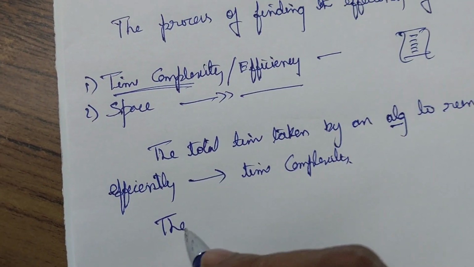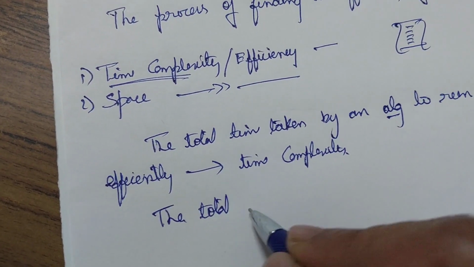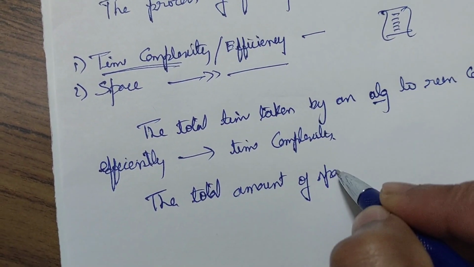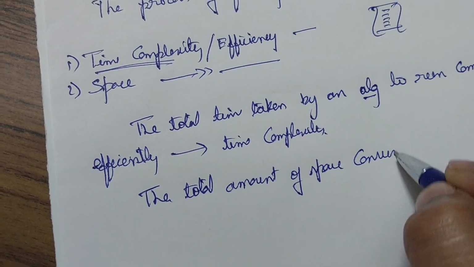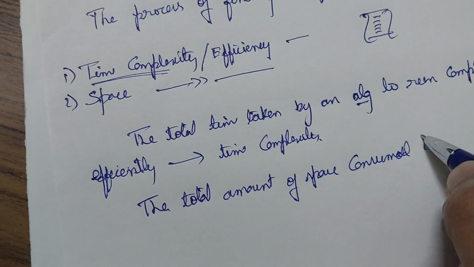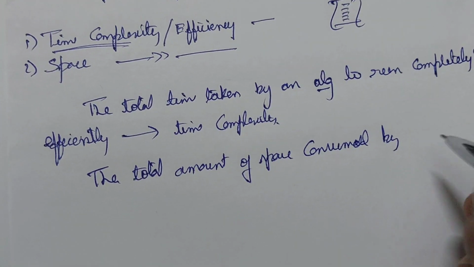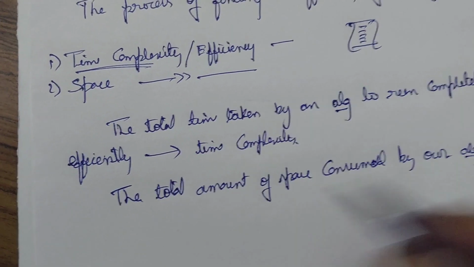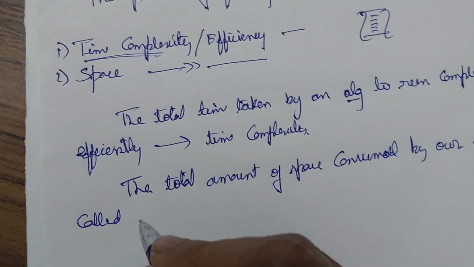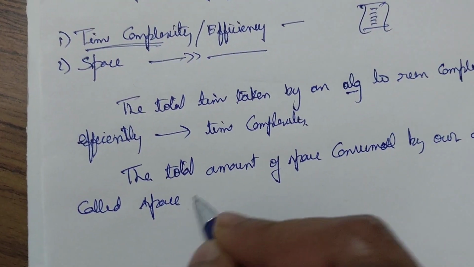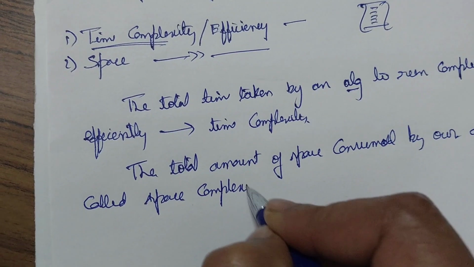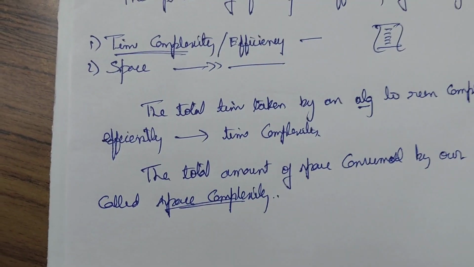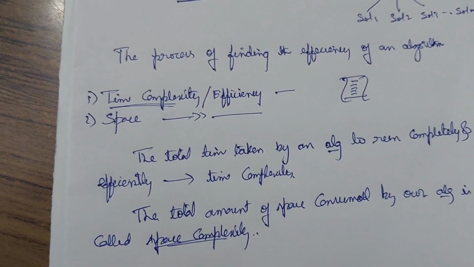The total amount of space consumed by our algorithm is called space complexity. Hope you understood in simple words.